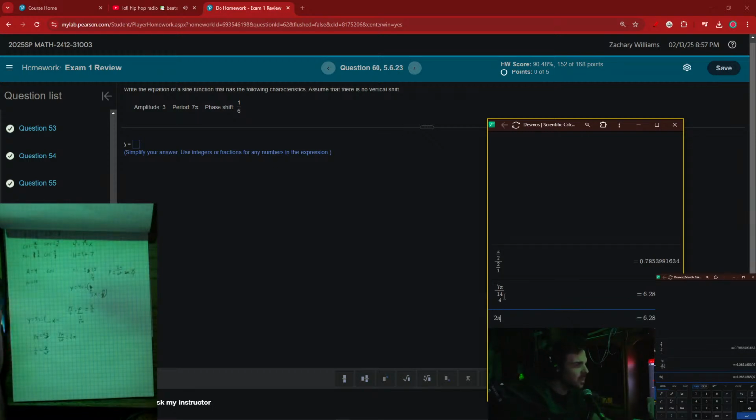Okay, yeah, 14 over 4, which is 7 over 2. So that would mean 2 pi divided by 7 over 2. No, 2 pi divided by 7 pi. That'd give me 7, 2.